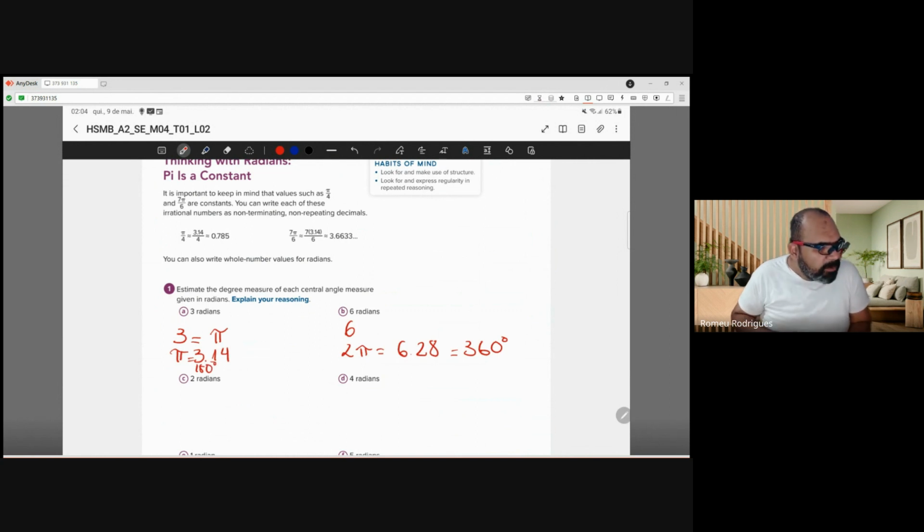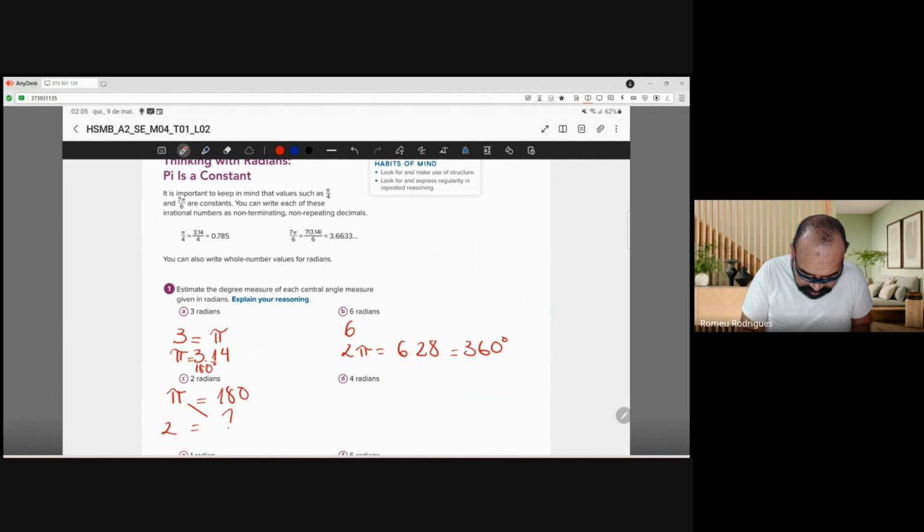Okay? 2 radians. Well, 2 radians, I just keep doing the same thing. I know pi is 180 degrees. Pi equals 180 degrees. I like to do this thing here to help me figure out. And 2 radians equals what?